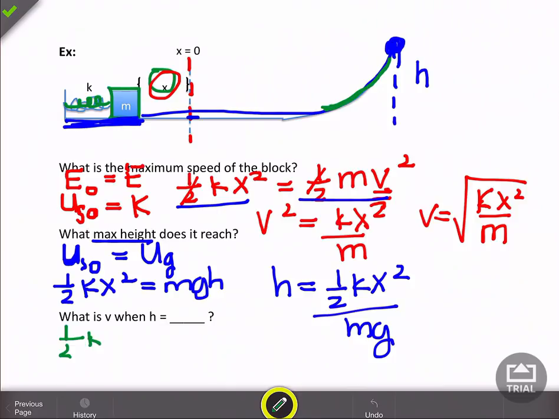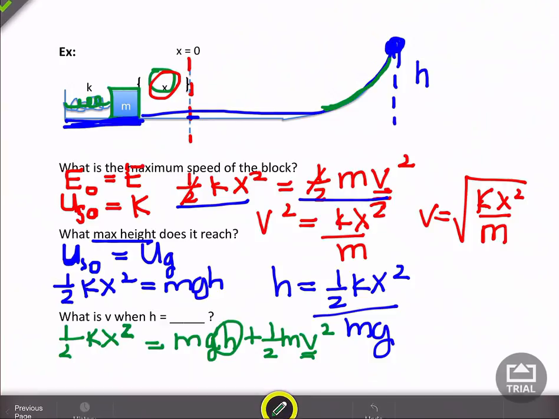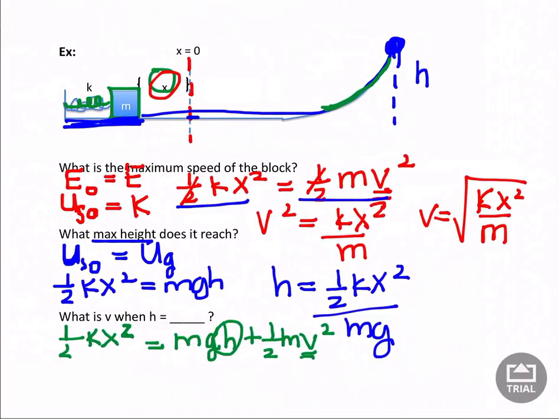That is always our total energy, 1/2 kx squared. And we're going to be at some height h, so we're going to have gravitational potential energy, and we're going to have kinetic energy. So you would be given that velocity, and you could use this to figure out what height you are at. That concludes our lesson on conservation of energy for now.